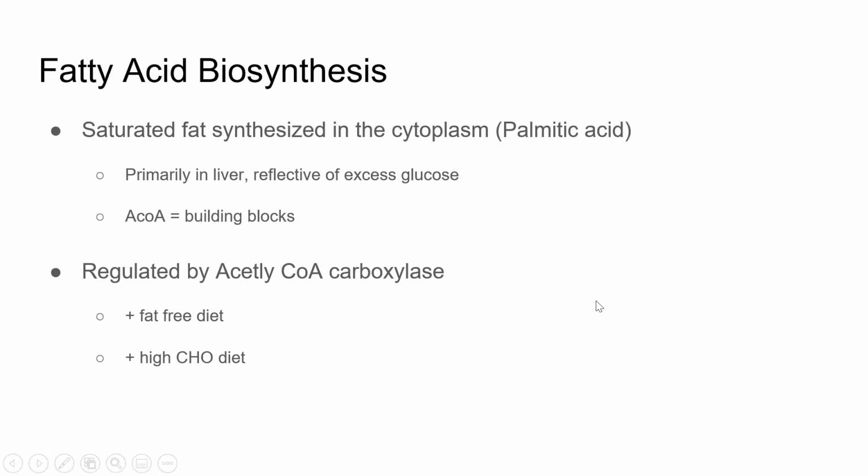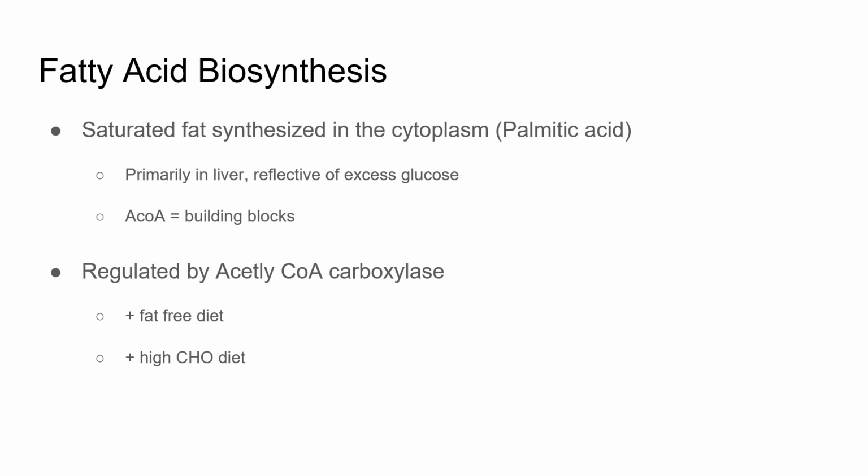A couple things to note about fatty acid biosynthesis: the first fatty acid that is going to be made is actually a saturated fat, which is synthesized in the cytoplasm of the cell, and it is palmitic acid.